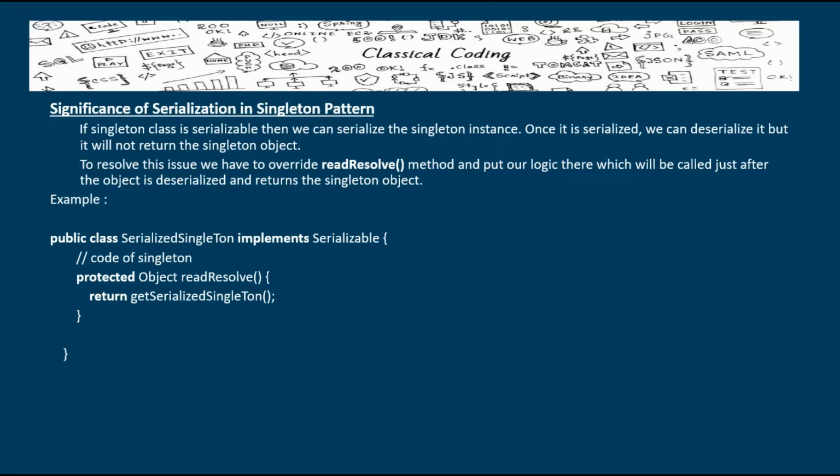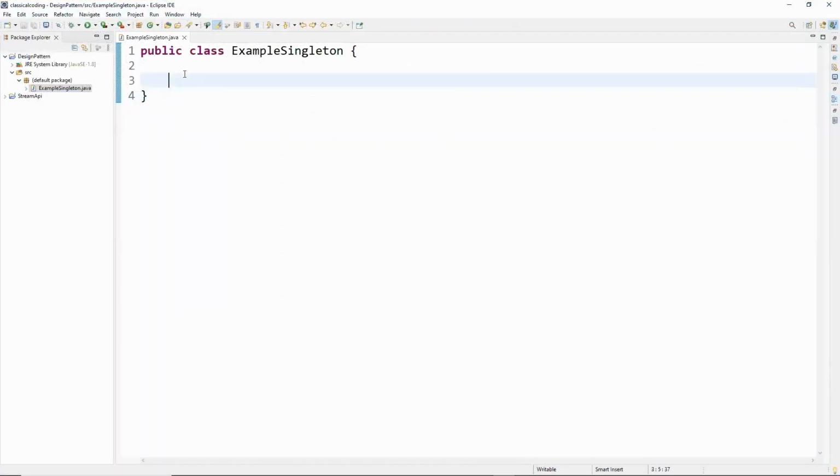Let's start our coding. There we will implement our own singleton class, and we will run the code and check the output. So we have our example singleton class, and within that we have our static data member, that is instance.